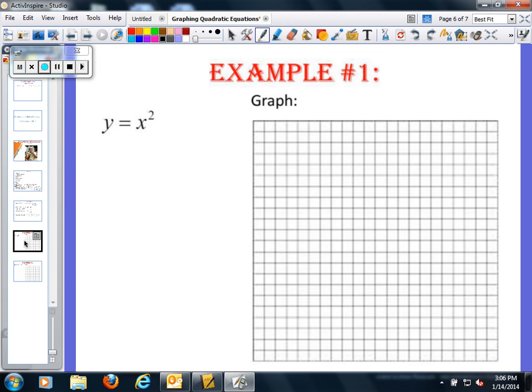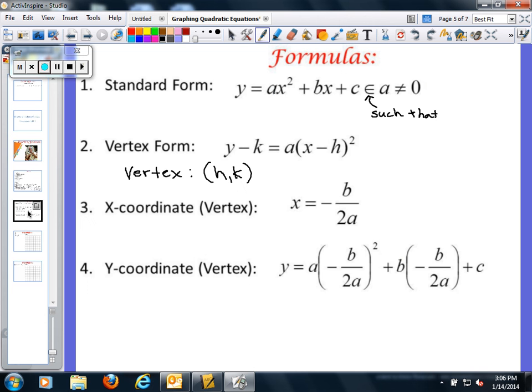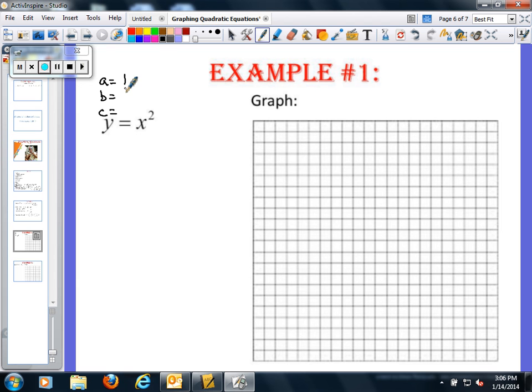Alright? So y equals x squared. This is in standard form. Something I recommend is that you write down the values of a, b, and c. So a, if we look back at standard form, is the number in front of the x squared. So that's a 1, since I have an x squared. b is going to be 0, and c will be 0, because I don't have an x term and I don't have a c term. Alright?